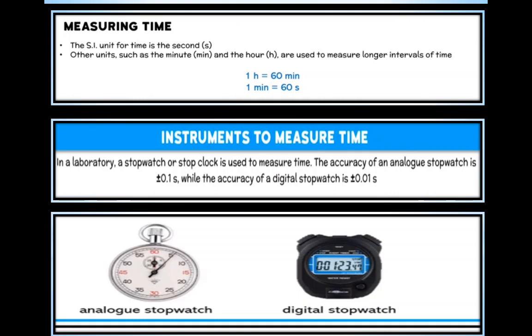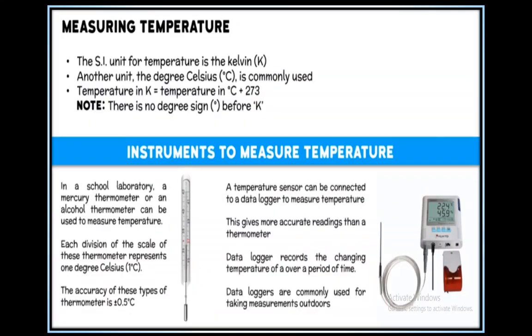Moving on. Measuring time. The SI unit to measure time is seconds, and other units include minutes and hours. 1 hour equals 60 minutes and 1 minute equals 60 seconds. The instruments we use to measure time include the digital stopwatch and analog stopwatch. Now, measuring temperature. The SI unit for temperature is Kelvin, and other units include Celsius and Fahrenheit.